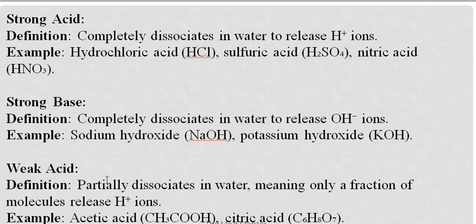Then the weak acid: it is partially dissociated in water, meaning only a fraction of molecules releases H plus ions, not 100% dissociated. Examples are acetic acid or citric acid.